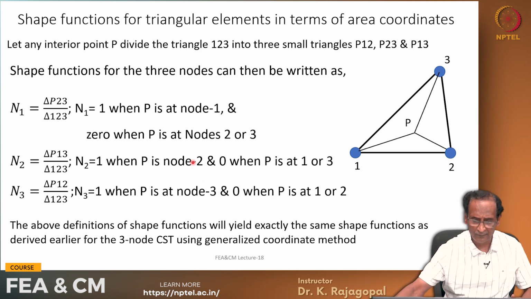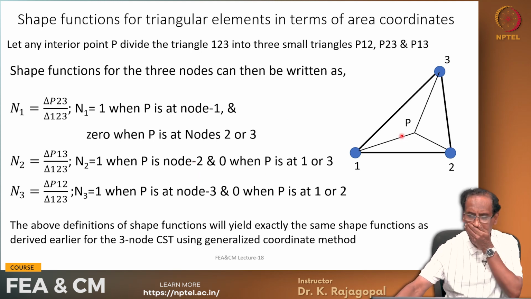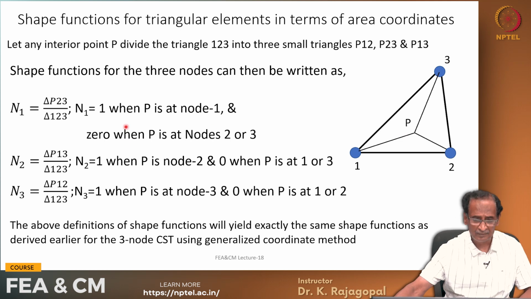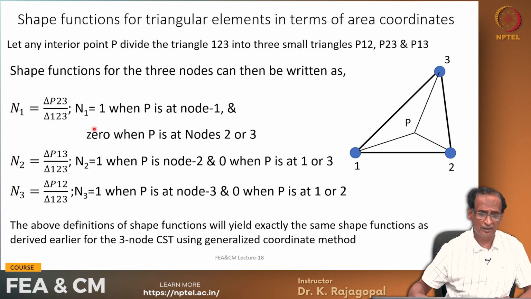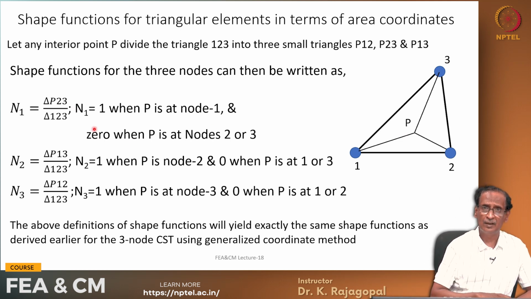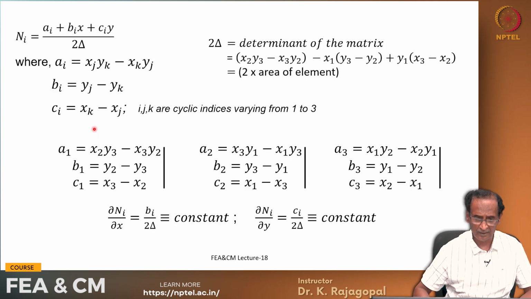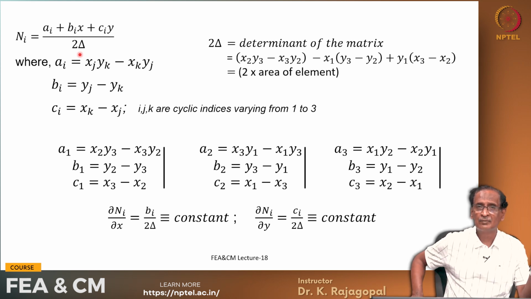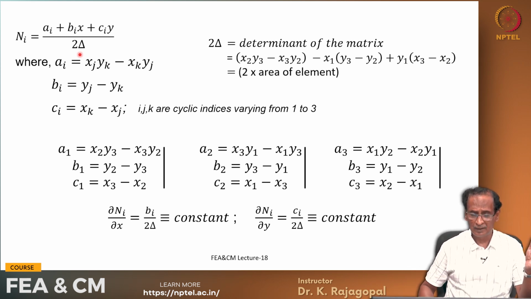This definition of finding the shape functions in terms of the areas of these triangles gives us the same shape functions that we got earlier, N equals a plus bx plus cy by 2 delta, which we derived earlier using the generalized coordinate method. We will get exactly the same thing.